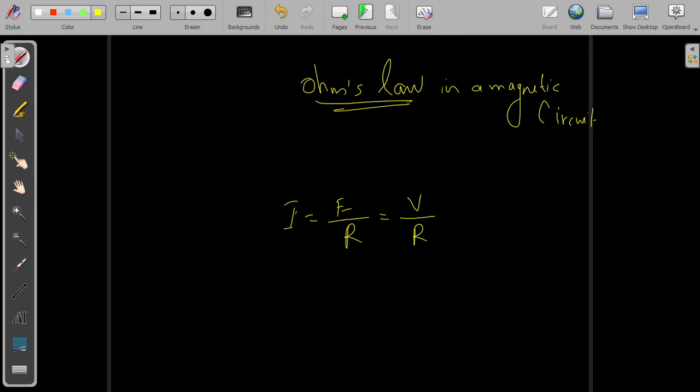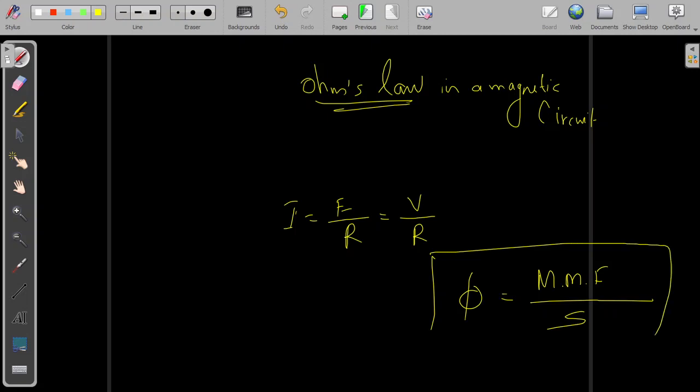Then we have flux phi equal to MMF, the magnetomotive force, divided by reluctance S. This is the Ohm's law.